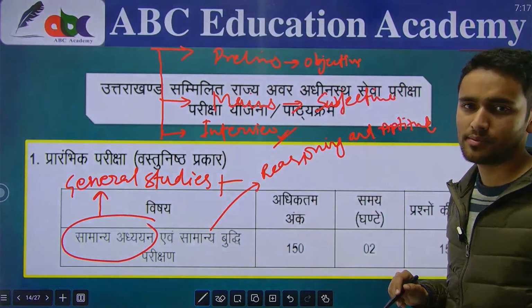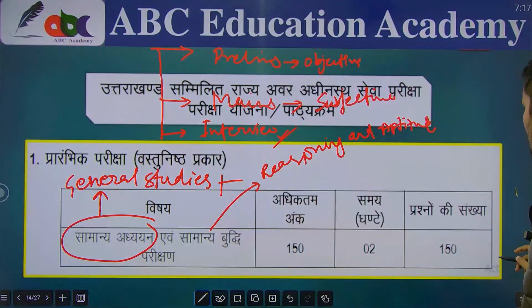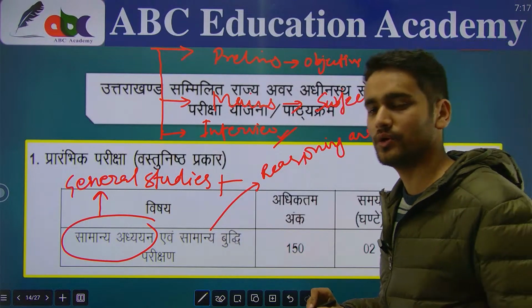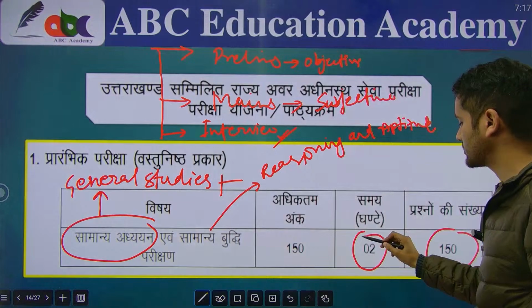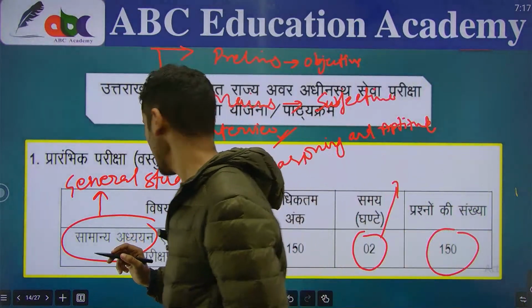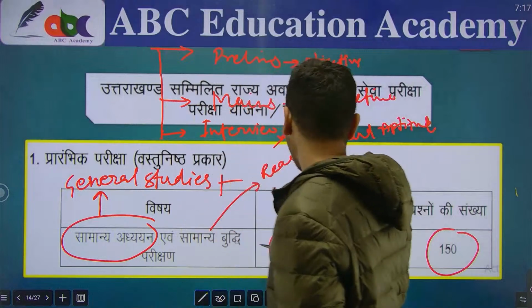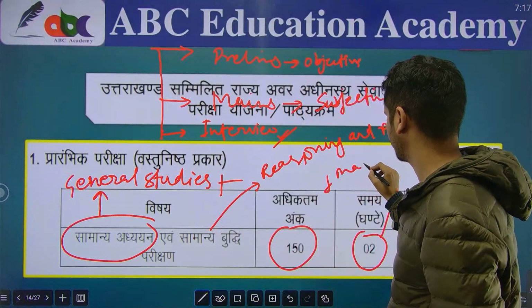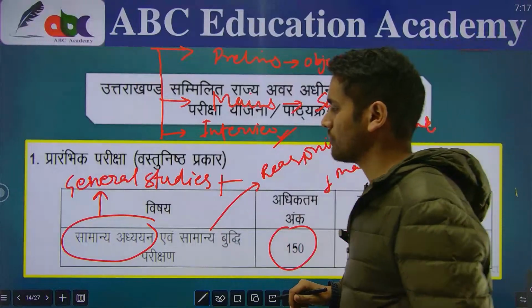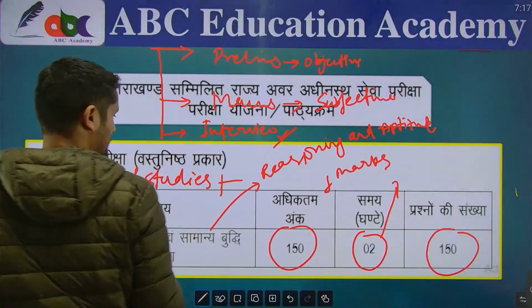In prelims examination, there will be 150 questions for which you will be given 2 hours, and each question will carry 1 mark. So this is all about the pattern of examination of prelims.